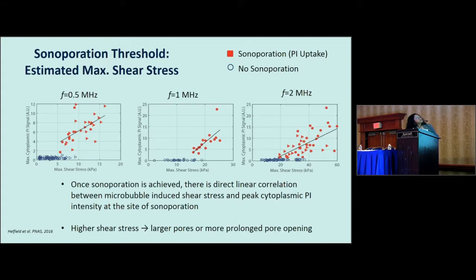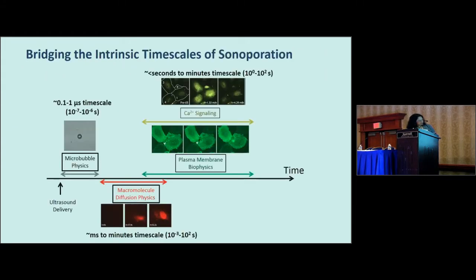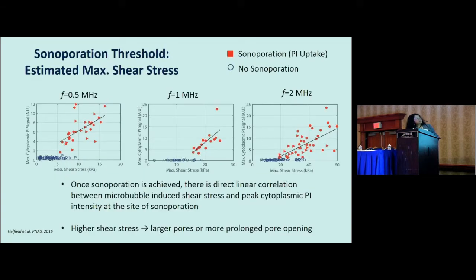Then, if this is the maximum shear stress and this is the maximum cytoplasmic propidium iodide signal, after you reach the threshold shear stress at any given frequency, the higher the shear stress, the more propidium iodide is taken up. So there is a direct linear correlation. It's as though the higher the shear stress, the larger the pore and the more prolonged the pore opening, so there's more propidium iodide taken in.